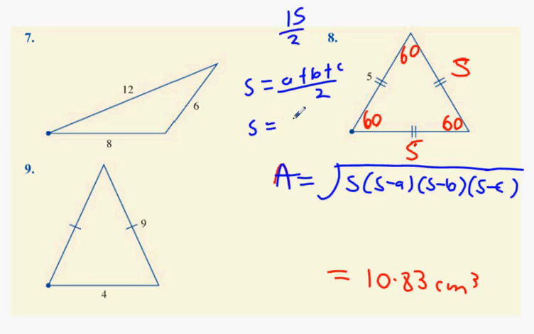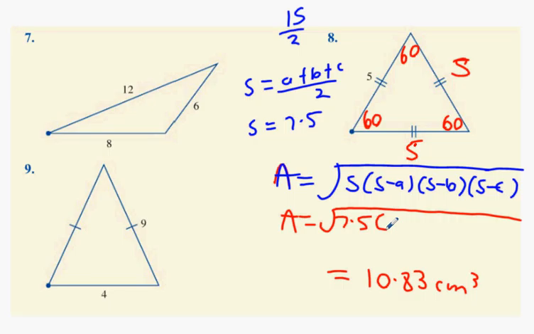7.5. Then you throw it into the area formula, and we can make this a bit shorter on ourselves. I'll show you how to make it a bit shorter. Okay, that's S. What's S? Okay, the next one is 7.5 minus A. What's 7.5 minus 5?